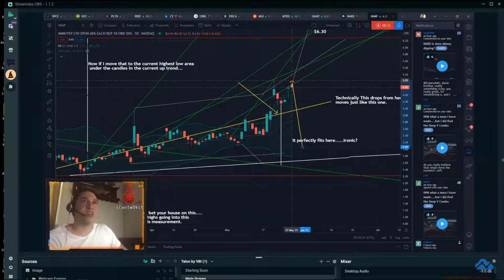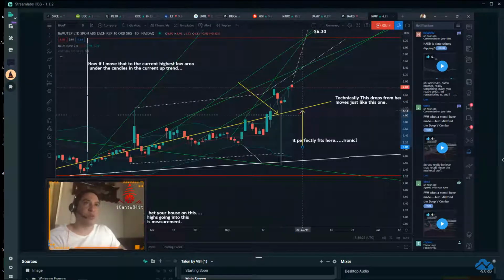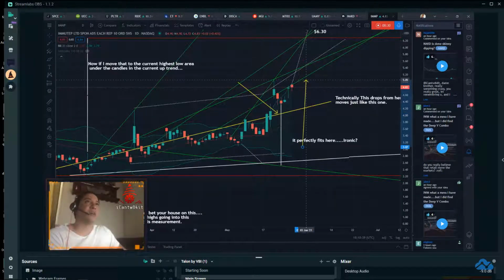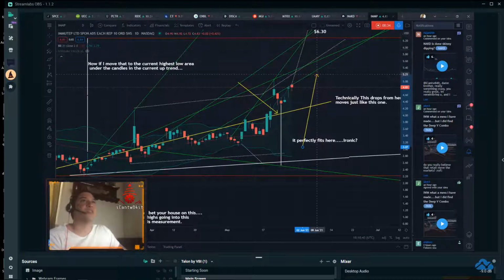It's probably going to come down to the $3.86 mark in this area, close this gap, or there's not a gap anymore because it's already been closed, but that's the last point of structure where these two wicks kind of meet right here. So, I mean, $4.32, $3.86, those in that area right there. If it comes down, hits that, it's probably going to bounce up and go long and hit that $6.30 mark. Hopefully it doesn't come back down from there because that would be a massive drop and totally go against everything it's been working towards.